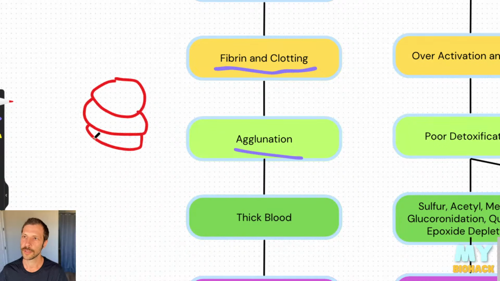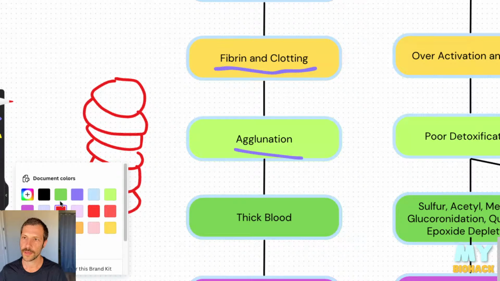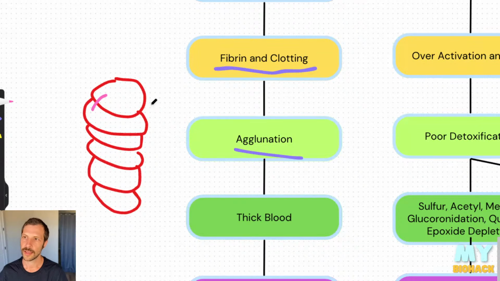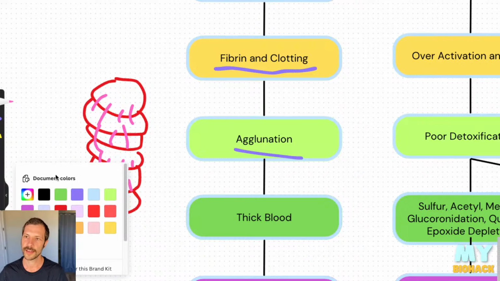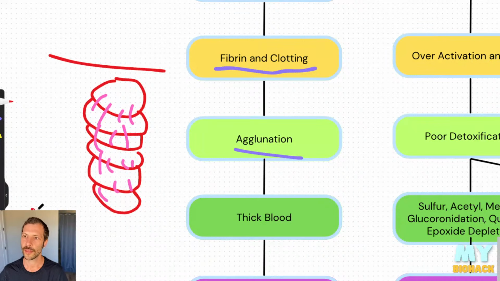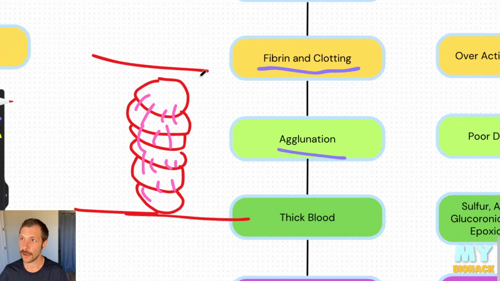So if you've ever seen blood, they make these big things. And they can also connect with pieces of fibrin, making thrombosis, a big clot here. And imagine that going through blood vessels. That's very difficult to get through a blood vessel. It's going to get stuck on parts where you have glycocalyx loss.